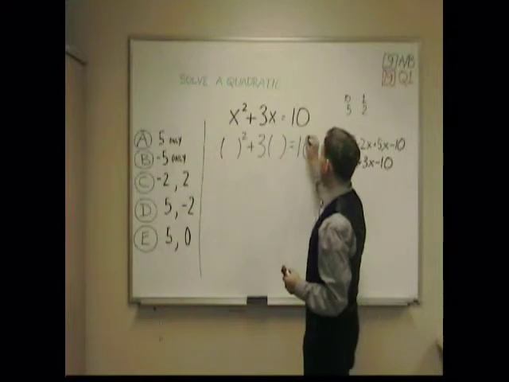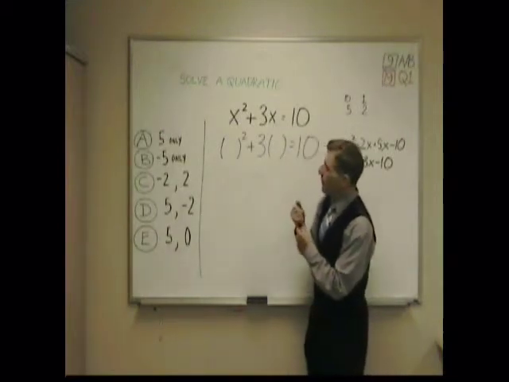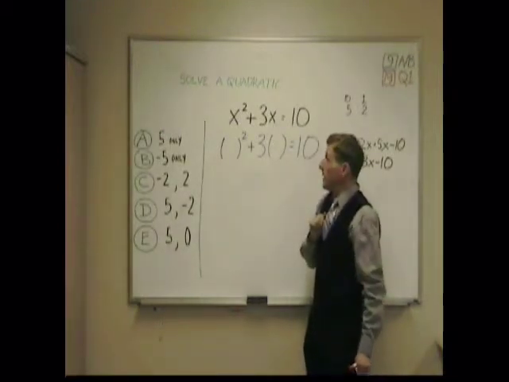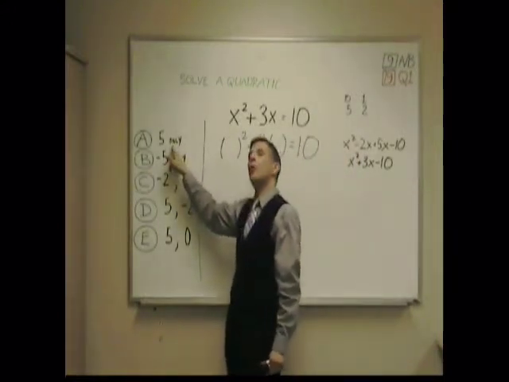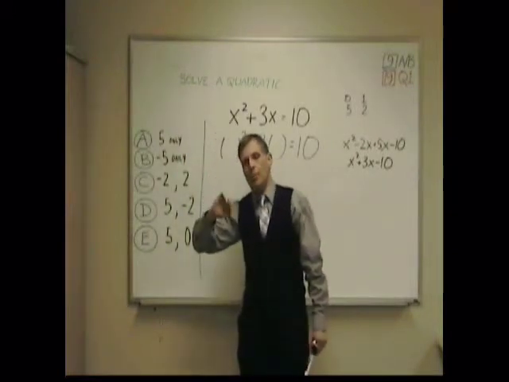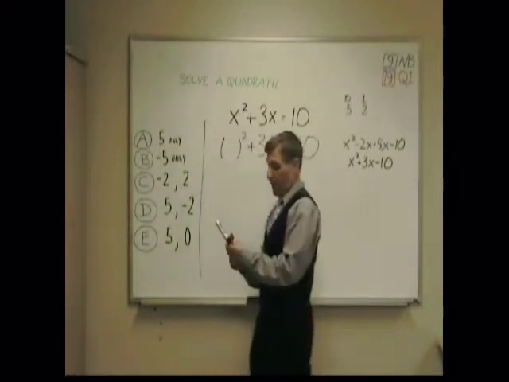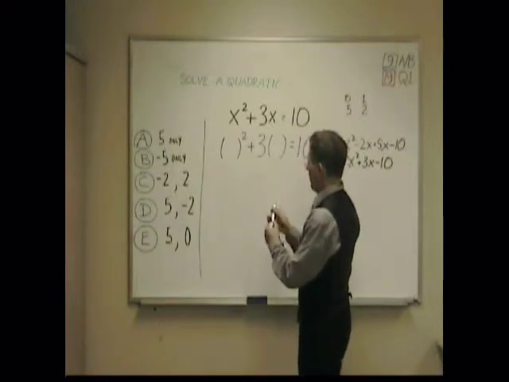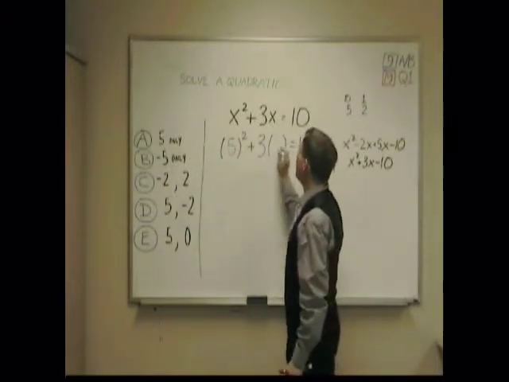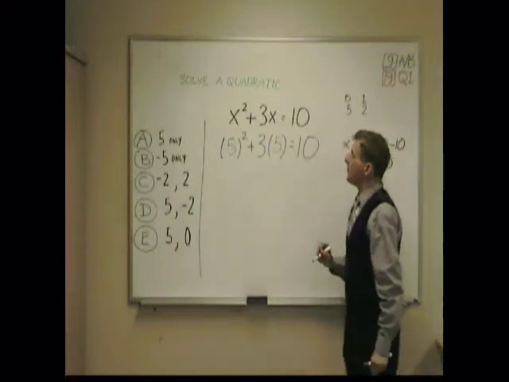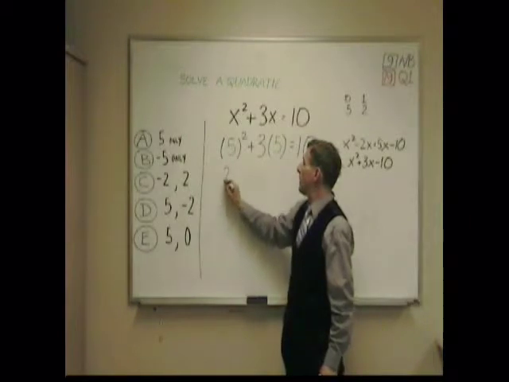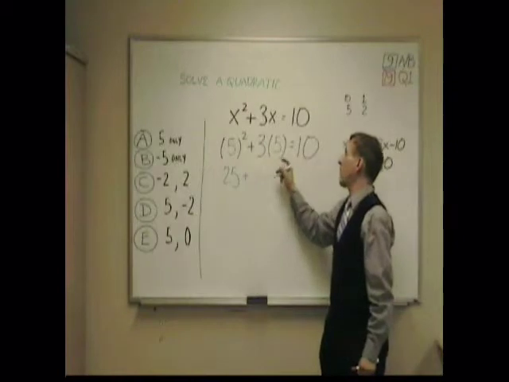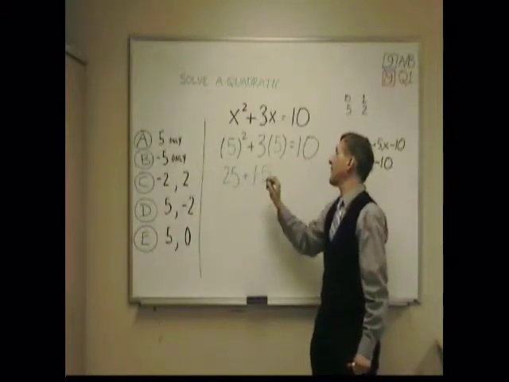So if I look at letter A, letter A says 5 only. Let's try that. Now, I want to be careful before I pick that, because that word only means no other number works. But let's see if 5 works. I will do 5 squared plus 3 times 5 equals 10. 5 squared is 25, plus 3 times 5 is 15.